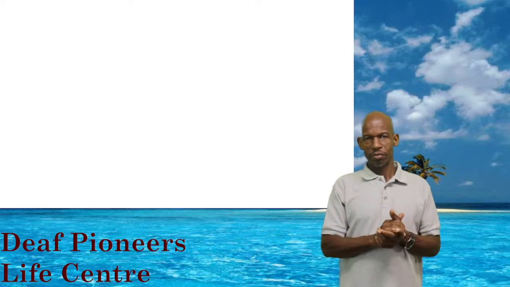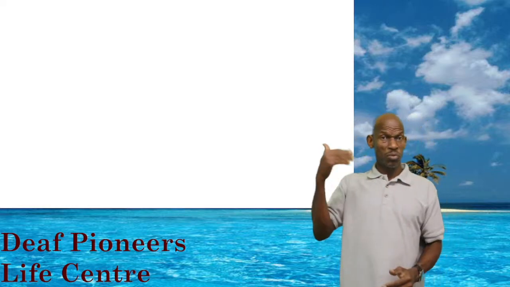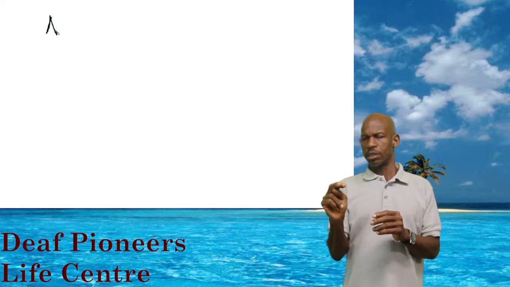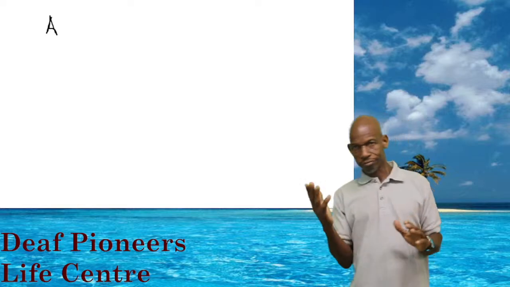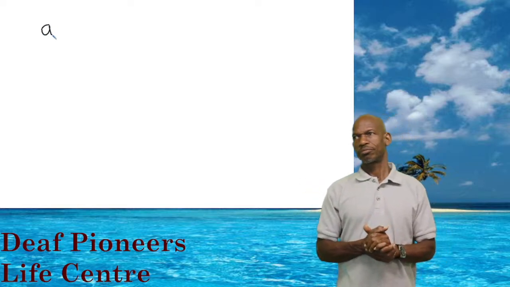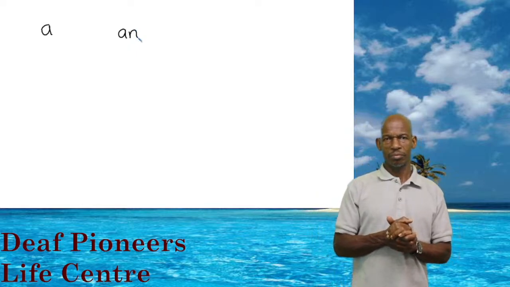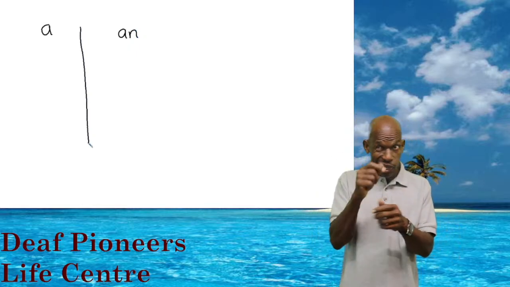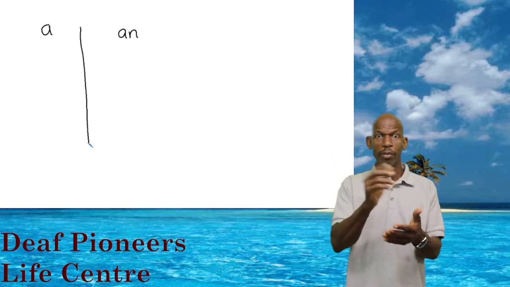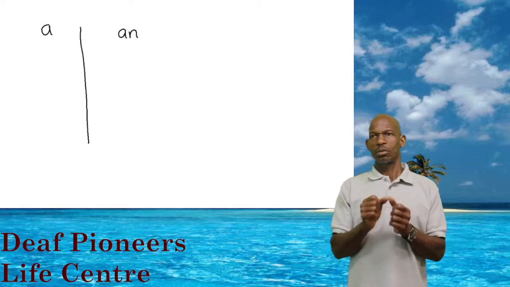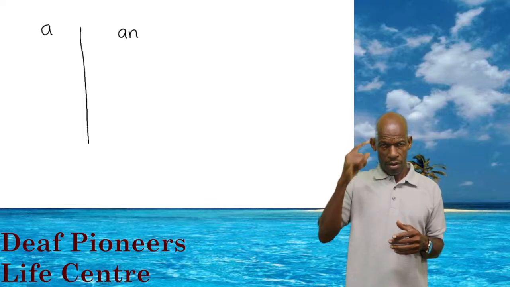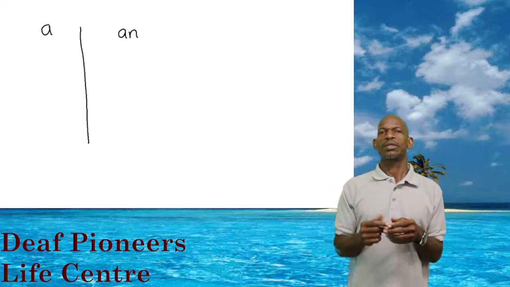The last time I taught A and an, we had the rules concerning when I use A and when I use an. I'm going to bring them in as capital and common letters, A and an. I talked about using A where the noun begins with a consonant. In terms of the alphabet, the consonants are all the letters that are not vowels.